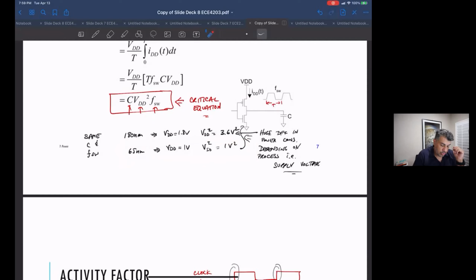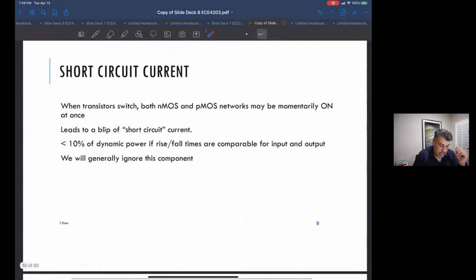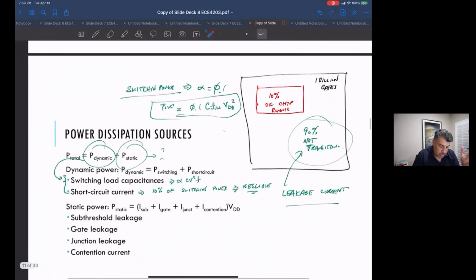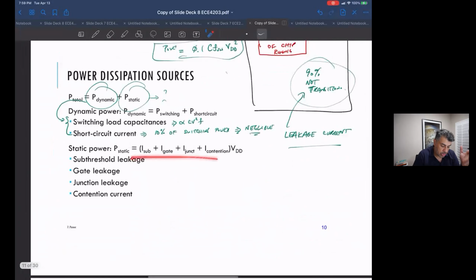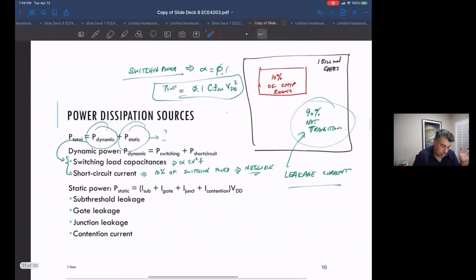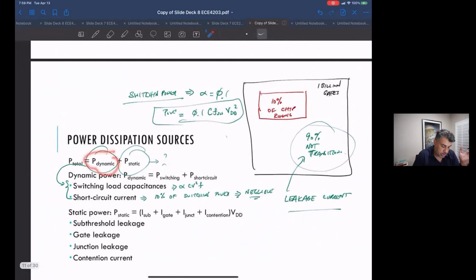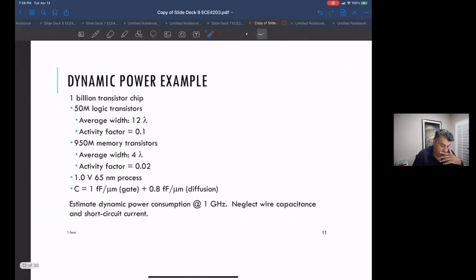So that's a trade-off. As you go to smaller processes, leakage current goes up, so your static power goes up, but your dynamic power drops. So each one is a trade-off.